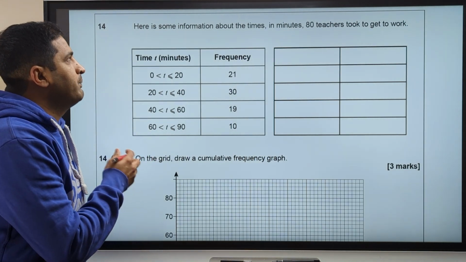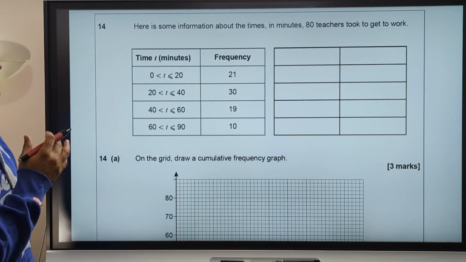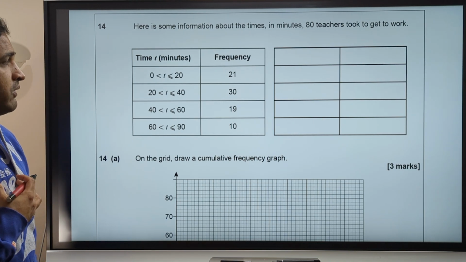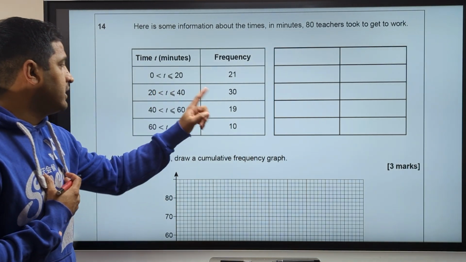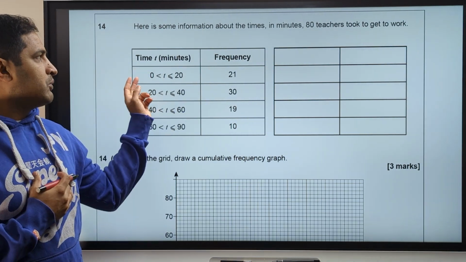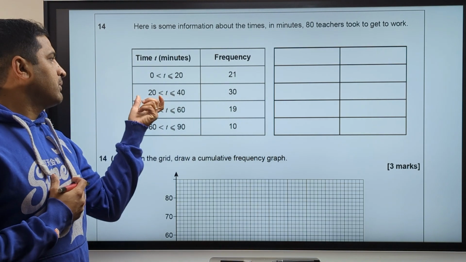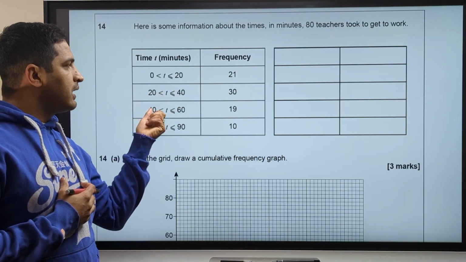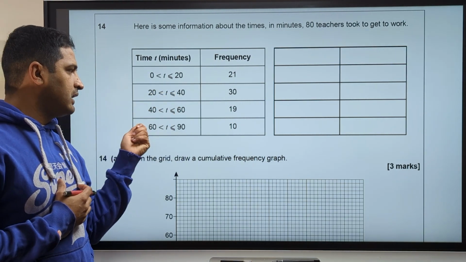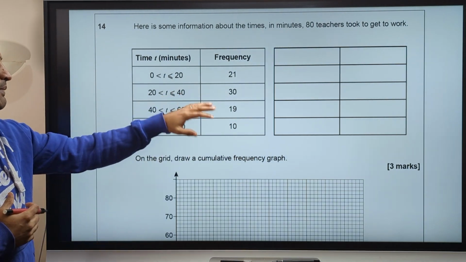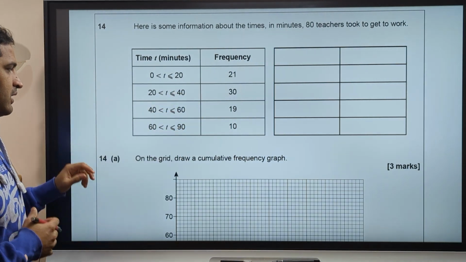Here's some information about the times in minutes the teachers took to get to work. 80 teachers: 21 of them took less than 20 minutes, 30 of them took between 20 to 40, 19 of them took 40 to 60, and 10 of them took 60 to 90 minutes. And generally that's the area where the majority of people lie when they come to work.